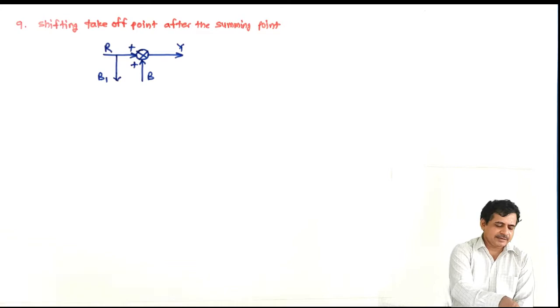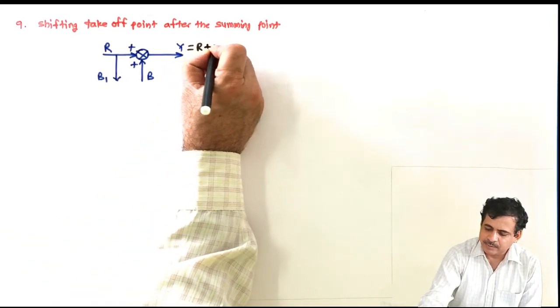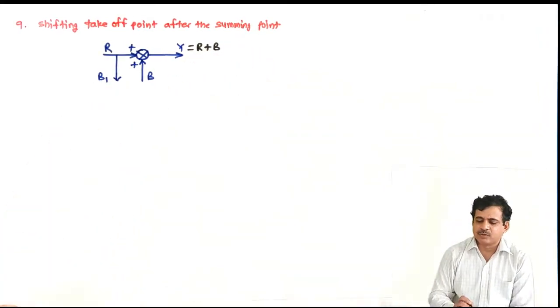So here what I get: Y is equal to R plus B, and B1 is equal to R.